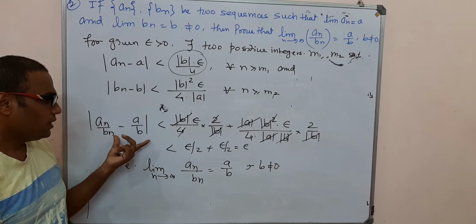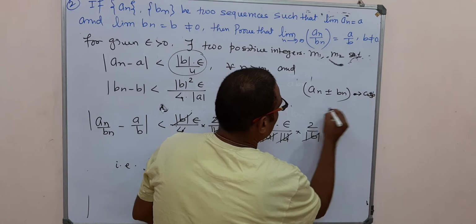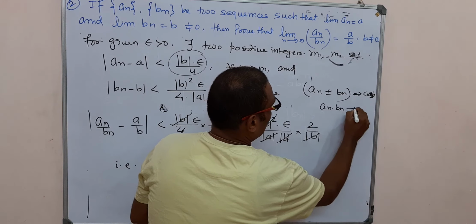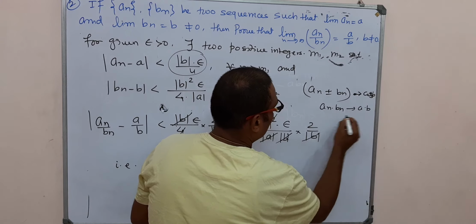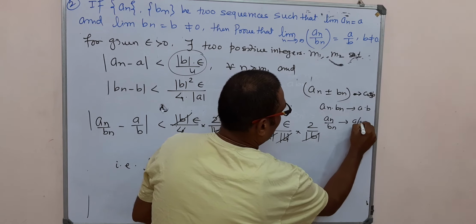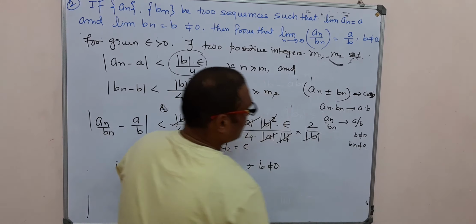So we established the four fundamental results. In the previous video lecture we established that an plus minus bn tends to a plus minus b. In this video lecture we established that an into bn goes to a into b, and an upon bn goes to a upon b, where b is not equal to 0, and similarly bn is not equal to 0 for all n.